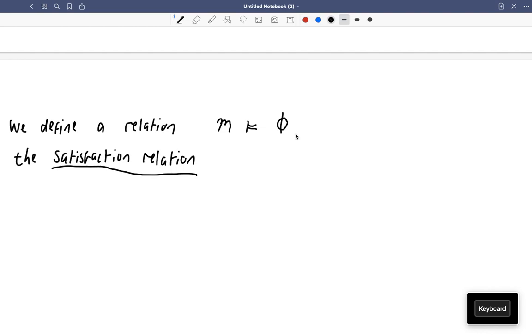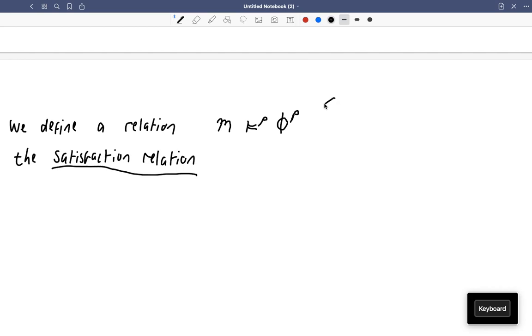And to do that, we need to decorate the relation with some information on what the free variables mean. We decorate it with something called an environment. Traditionally, the Greek lowercase letter rho is used for environment. This looks a bit like a P, but it's a Greek lowercase rho, R-H-O.